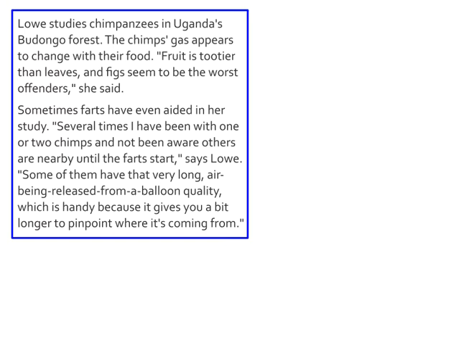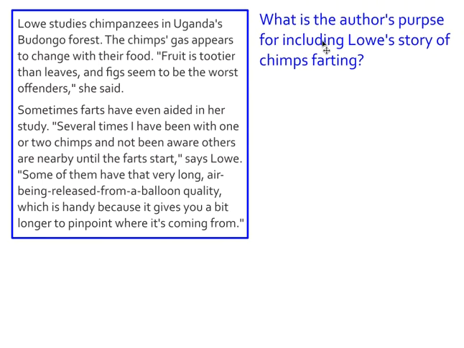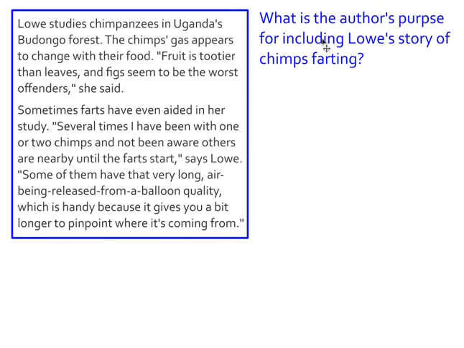So the question we're going to ask ourselves when we're trying to identify the author's purpose of one part of the text might be something like, what is the author's purpose for including this example? Or I said, what is the author's purpose for including Lau, the scientist's story of chimps farting?